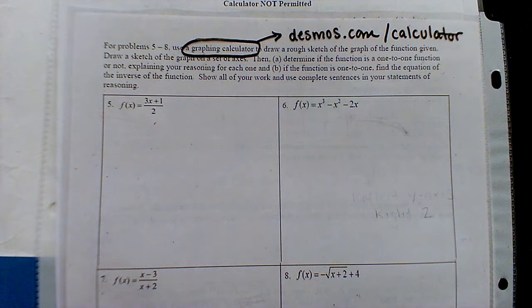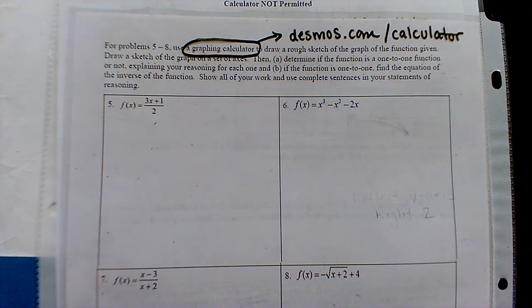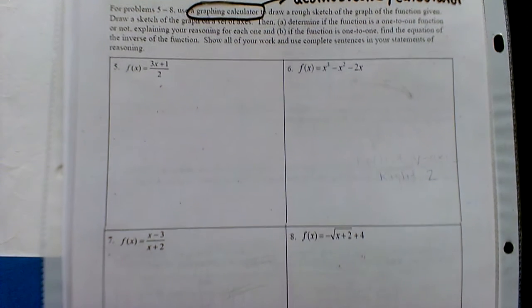Are we familiar with this? A little bit, yeah? Do you guys know something that I don't know? Like an inside joke? No? Okay. So Desmos.com/calculator, you can go online and graph any equation you want. Okay? But that's just for future purposes if you don't have one of your own.